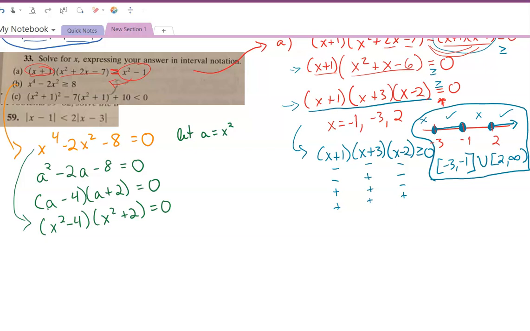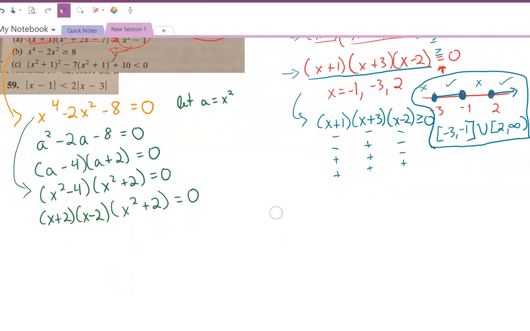All right, then from here, x squared minus 4 can be factored further, so that's x plus 2 times x minus 2. X squared plus 2 cannot be factored anymore with real numbers. We are not dealing with non-real numbers in calculus, okay? So we leave it like this, and then using our zero product rule, we get that x equals negative 2, positive 2, and if I set this equal to 0, I'd have plus or minus root 2i.